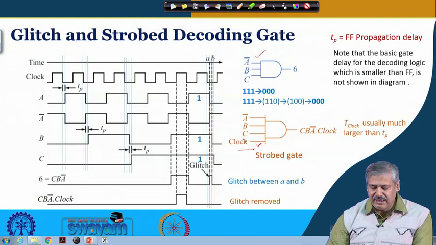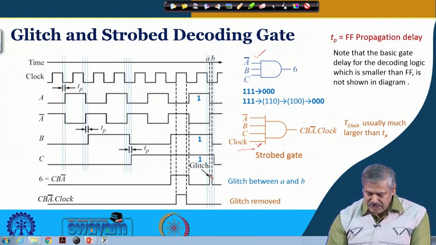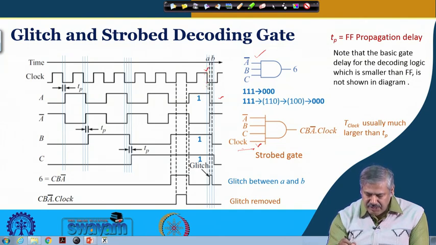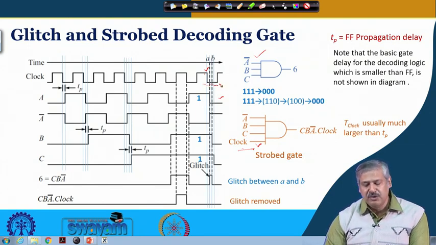This is getting ANDed. The propagation delay occurs when the clock is at the low value. You can see this is the way the clock is changing. The change is initiated when the clock is going from high to low, so it is negative edge triggered. This is the time the clock remains low. When you AND it with the clock, this glitch goes away.